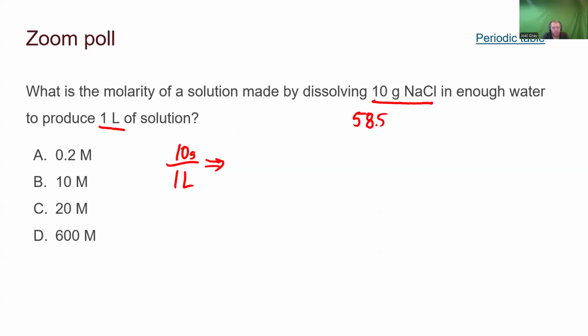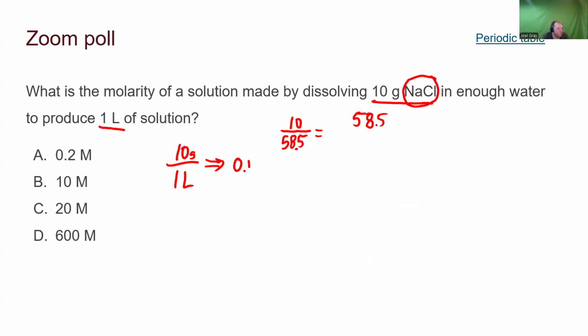And that's not because I've memorized the periodic table or anything of that nature, but NaCl is used as an example so frequently that it's kind of committed to memory for me. So I'm going to say 10 divided by my molar mass, 58.5. DDA, I'm taking your number there, and that looks about right.